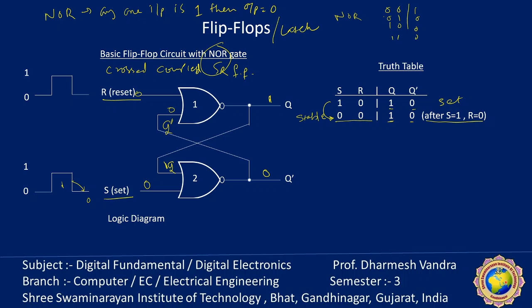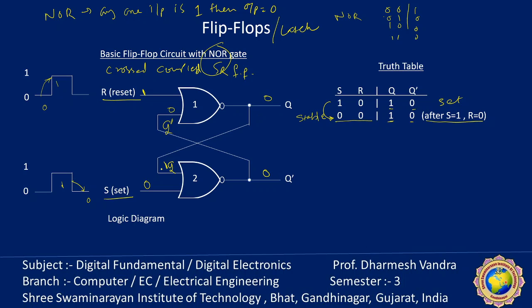Now, consider that set is 0 and reset is 1. So once reset is changed from 0 to 1, what happens at the first Q dash? 1, 0, the result is 0.